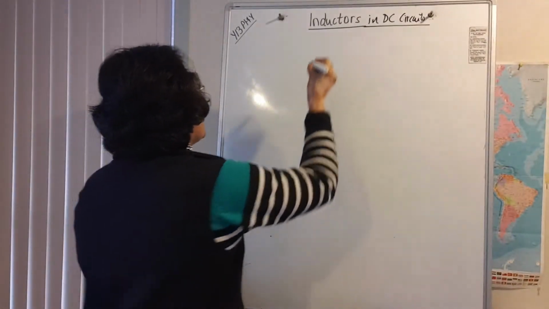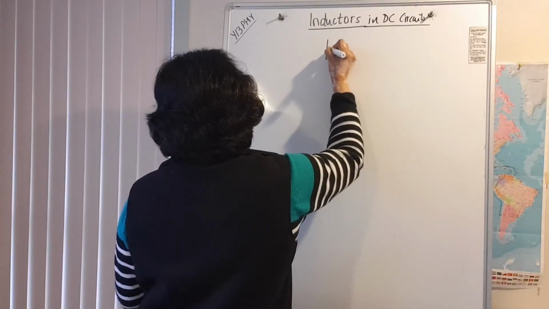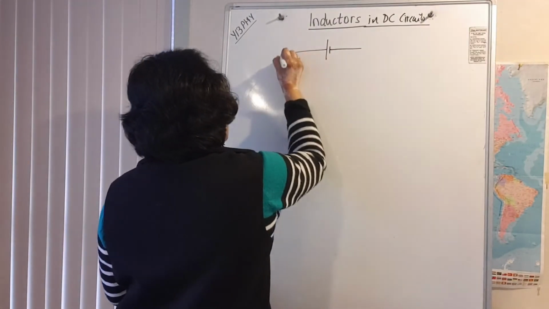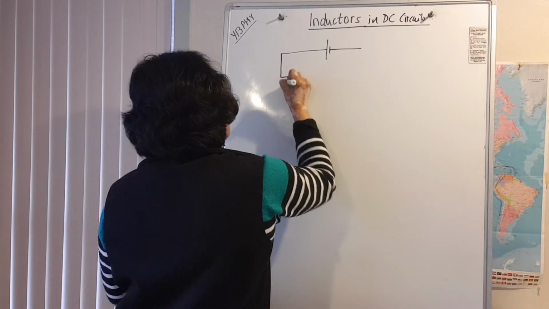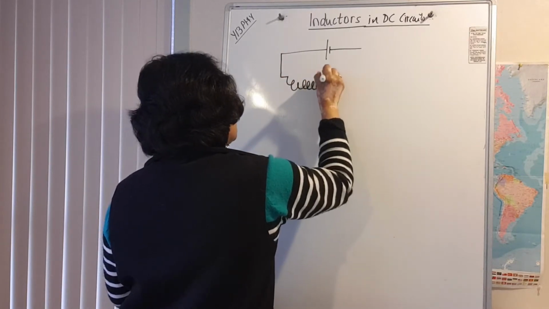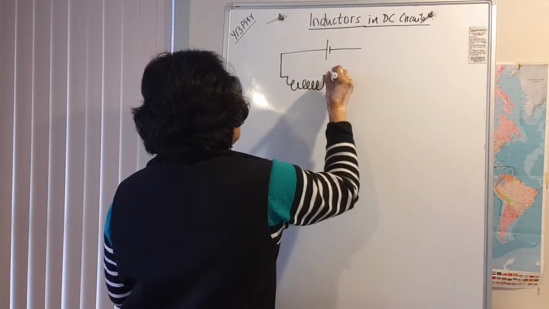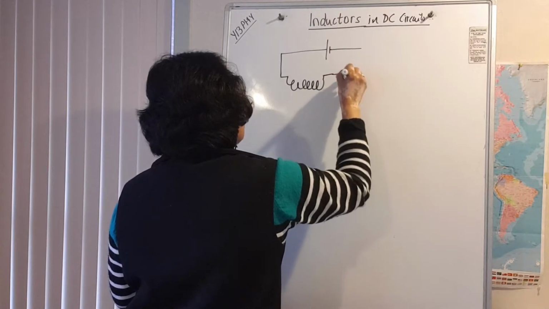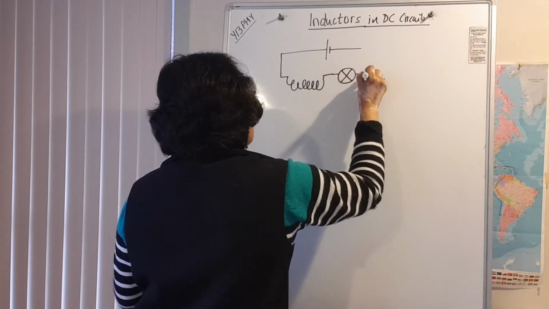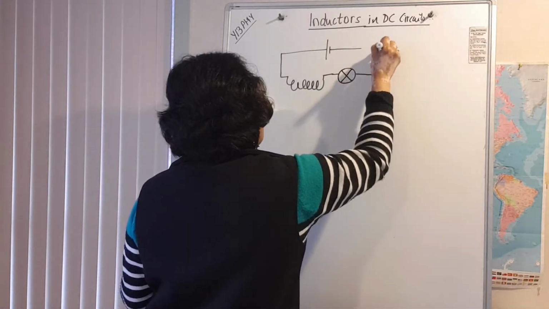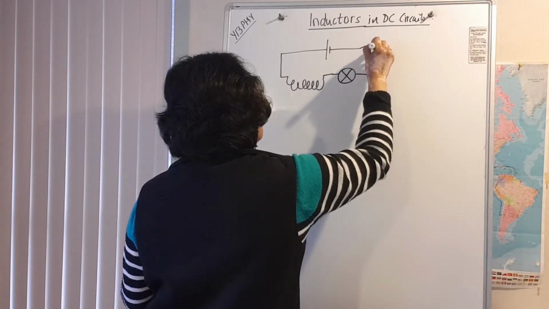But today let's see what happens. So if you have a source and you have, let's say, lots of turns of wire, which is an inductor, and you have a lamp and there's a switch.